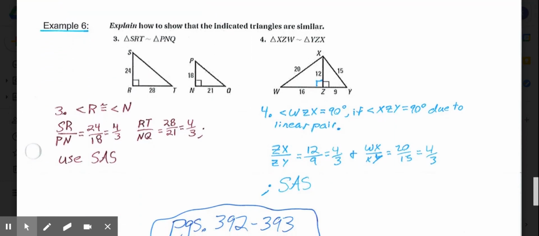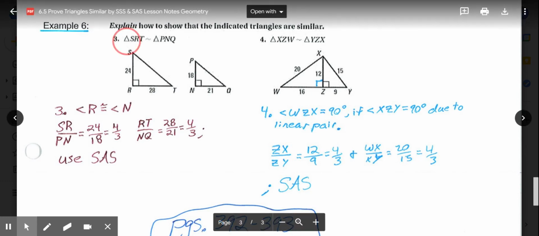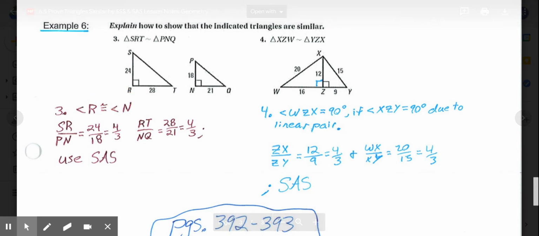Then example 6, parts 3 and 4, again ask us to explain how to show that the indicated triangles are similar. So how can we show that triangle SRT is similar to PNQ? Well, in these 2 triangles, we were given the right angles, so we know angle R is congruent to angle N. Then I have 2 sides that include that angle, so I'm going to check for side angle side.